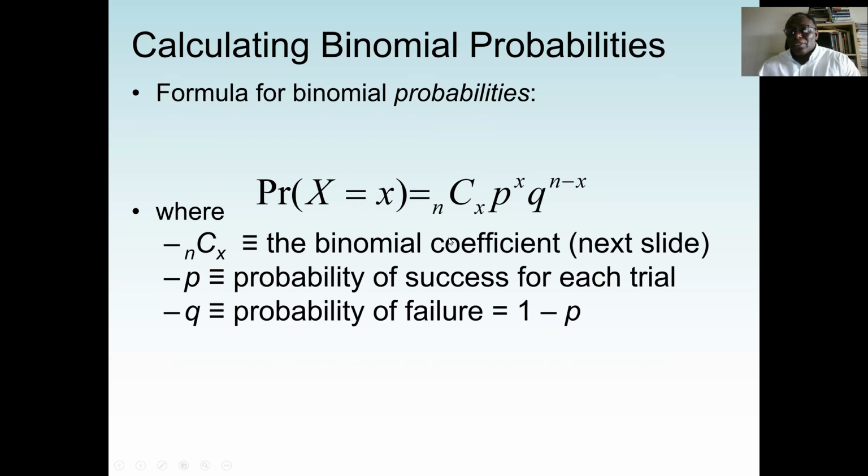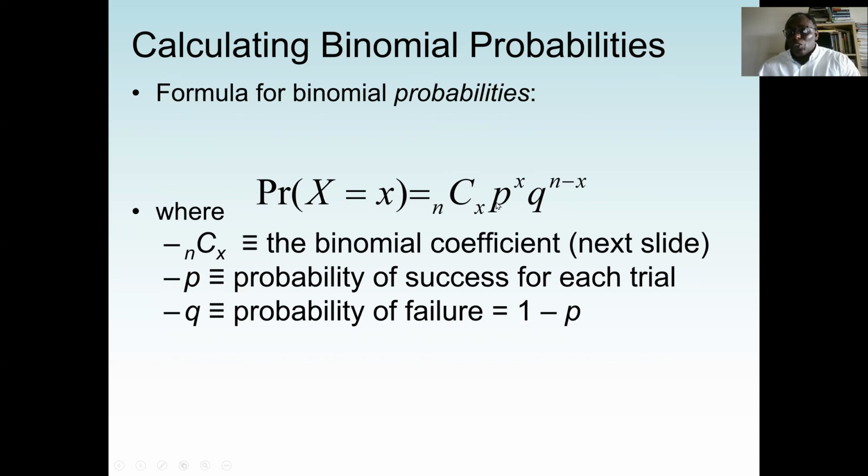The formula is C, which sometimes we call a combination, or in this textbook, they use the term binomial coefficient. So binomial coefficient C with n and x, p to the power x, q to the power n minus x. q is the probability of failure.